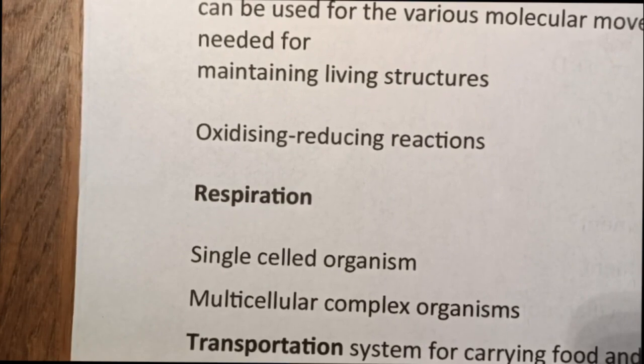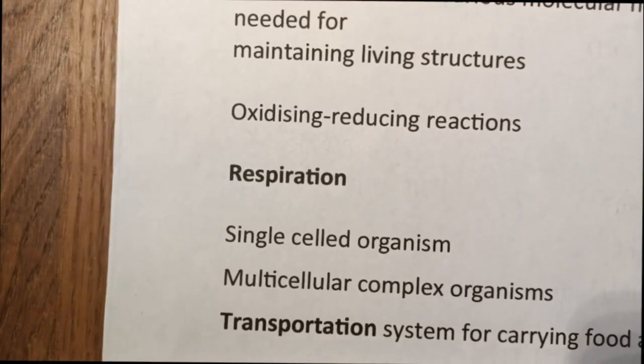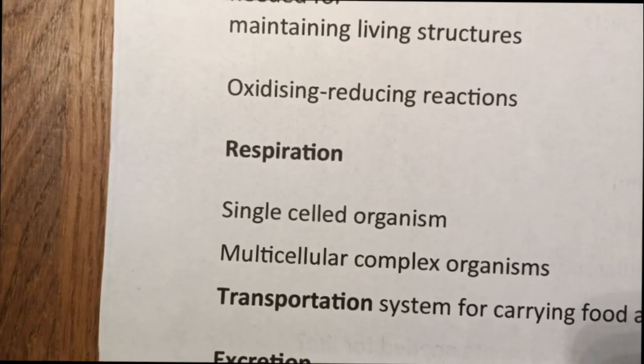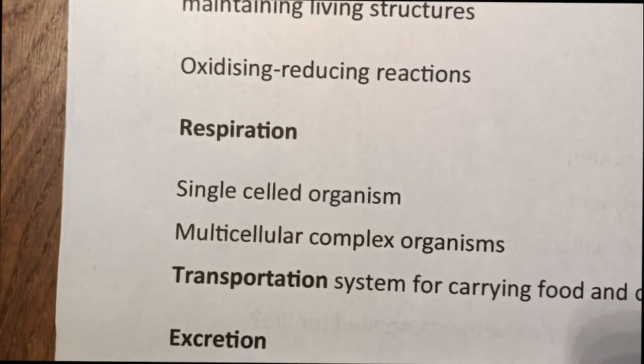For this we need oxygen. For this we need to get rid of carbon dioxide from the body, and oxygen comes from outside. So this requires a food source at the cell level as well as oxygen at the cell level, and this also involves removal of the carbon dioxide that is generated at the cell level, and this takes place through respiration.